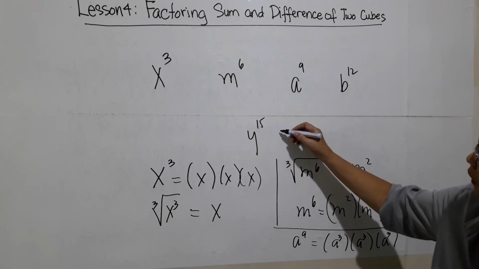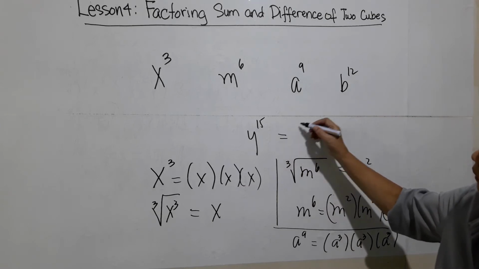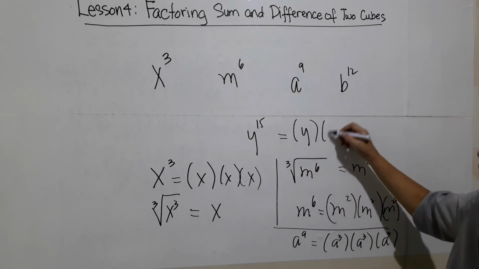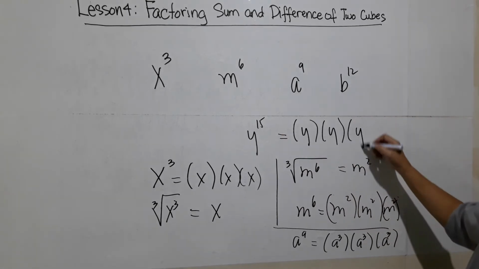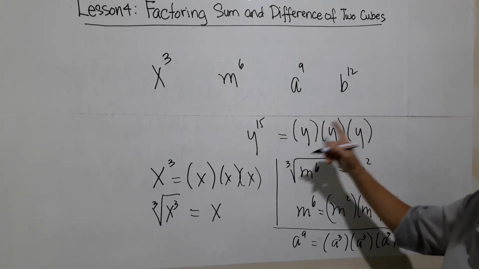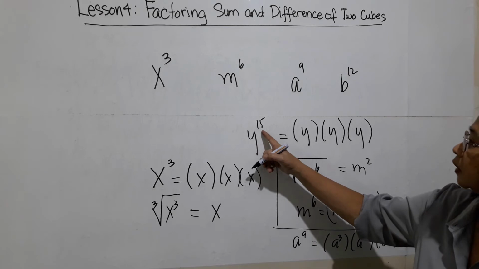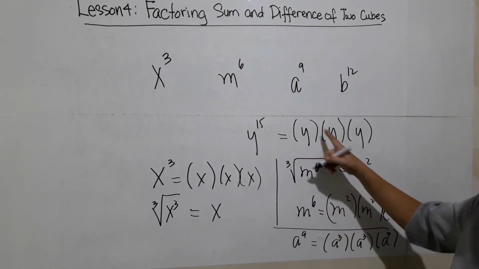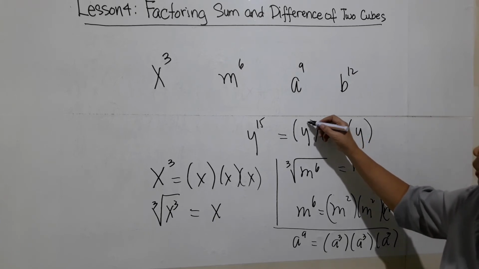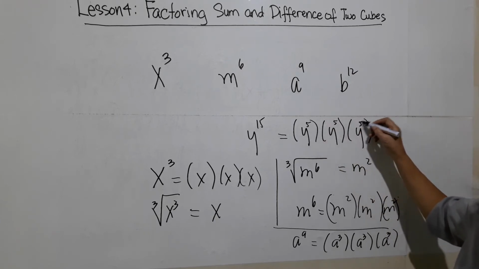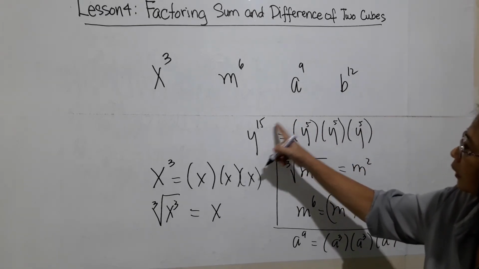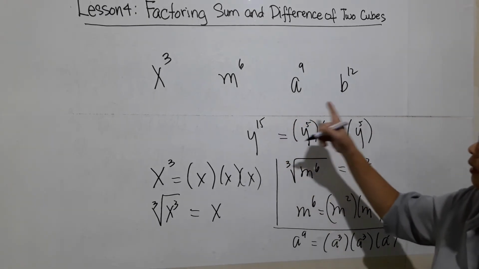If I have y to the 15th, y to the 15th can be factored as y times y times y. But what should be the exponent here so I can say that y to the 15th is the same as y to the blank, y to the blank, y to the blank? It should be 5. How did I get 5? 15 divided by 3 is 5.